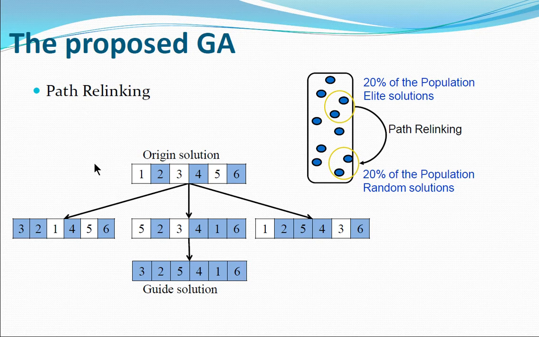In order to continue the trajectory, we select the solution which has the best value of the total tardiness. So in this paper, we applied the path relinking technique with 20% of the population, the elite solutions, and 20% of the population, random solutions selected from the population that do not belong to the first set that we use, the elite solutions.